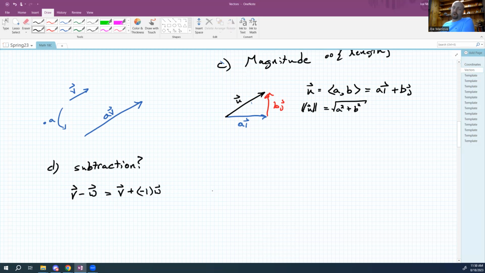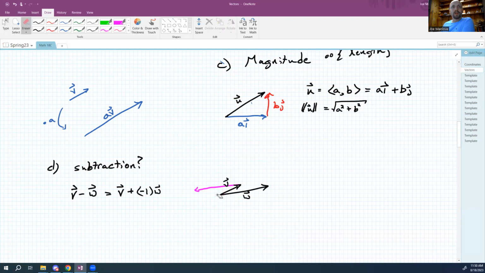Picture-wise, I've got a vector V and a different vector W. If I want to do V minus W, I'm going to construct a backwards version of W, right? So here's minus W. And then I'm going to tip to tail that with V. I'm literally just going to pick that thing up and go, bam, right there.